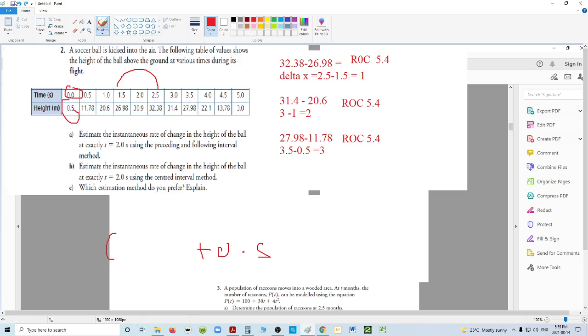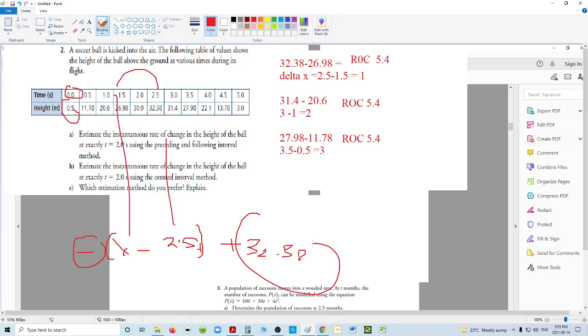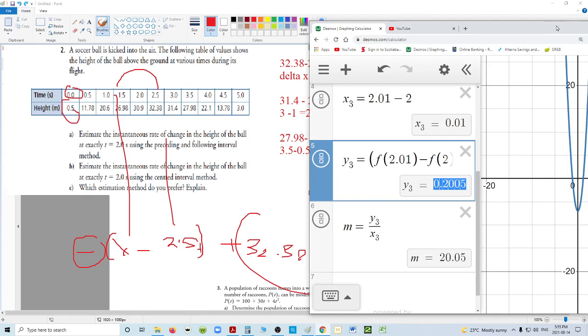So that means if I write it in vertex form, I can do it something like this: x minus 2.5 and plus 32.38, and then I just need to figure out the a at the end, and I could do that by plugging in a couple of points. And that's the nice thing if that is indeed the vertex. But let's see if I can get a rough idea using this.